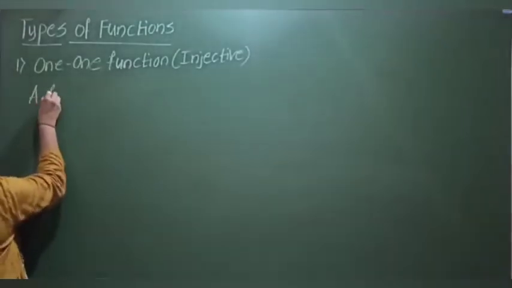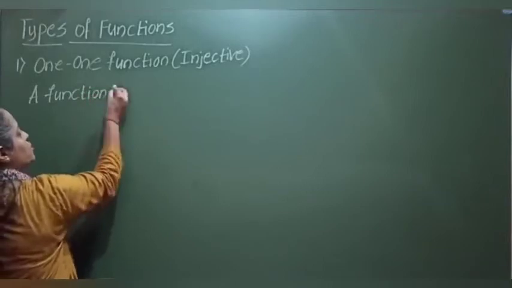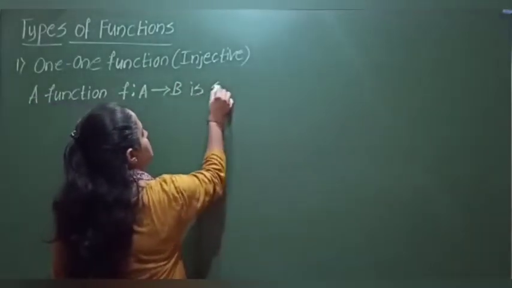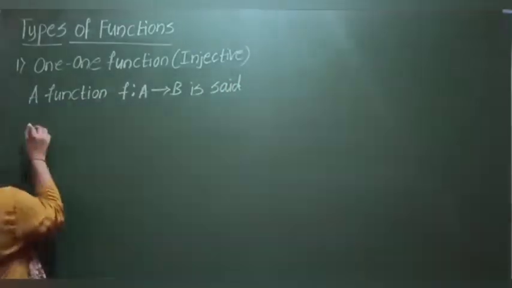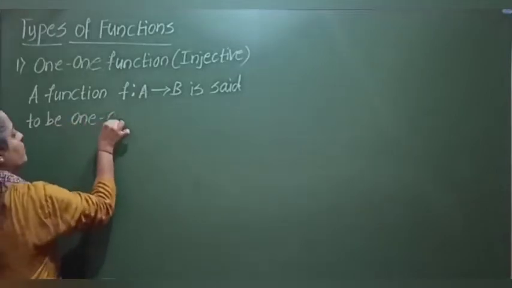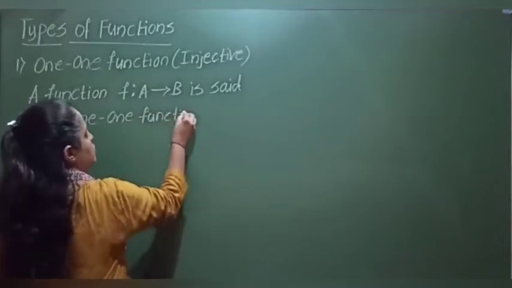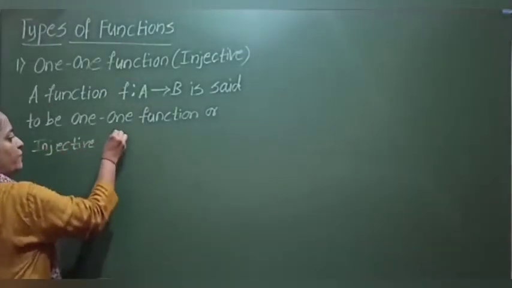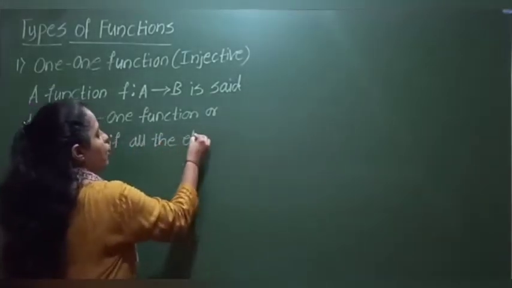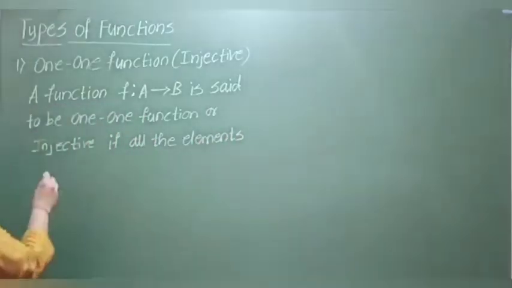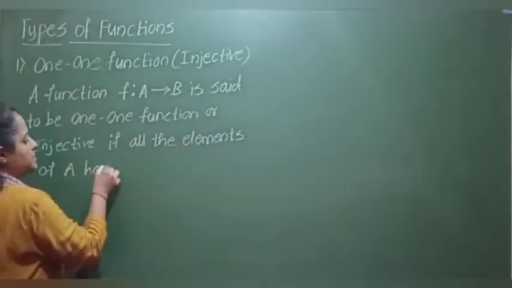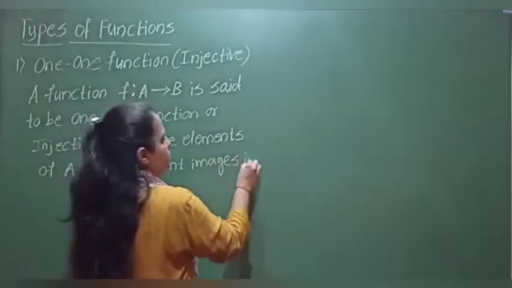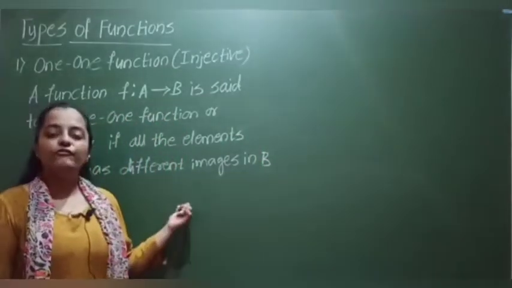A function f from set A to set B is said to be one-one or injective if all the elements of set A have different images in set B. So this type of function is called one-one function.